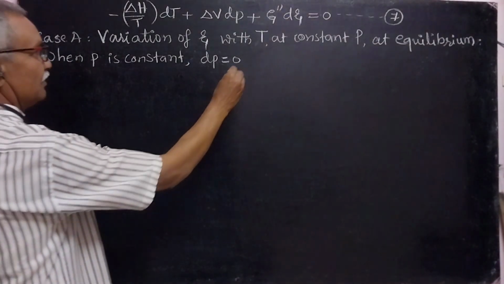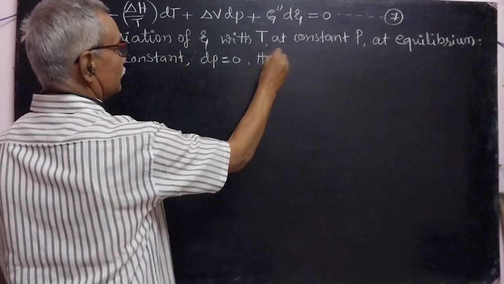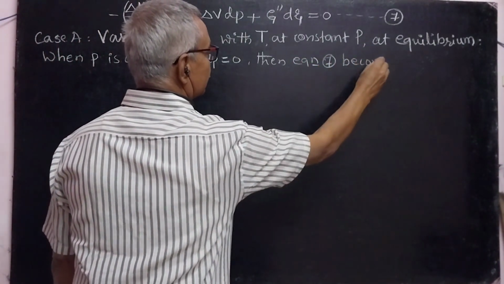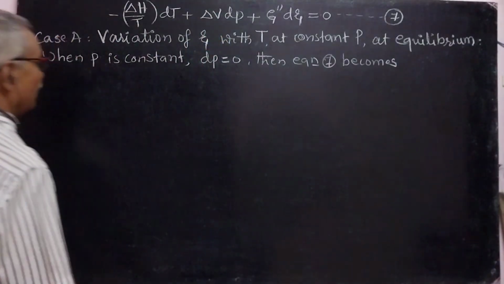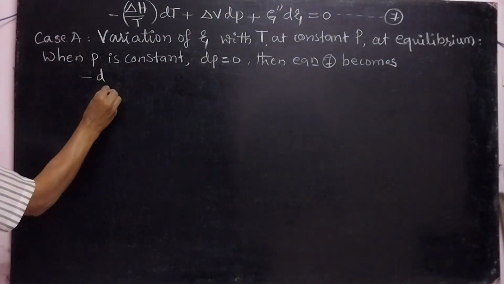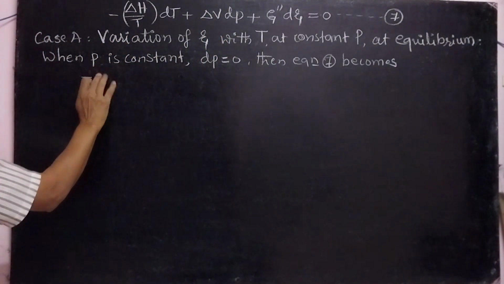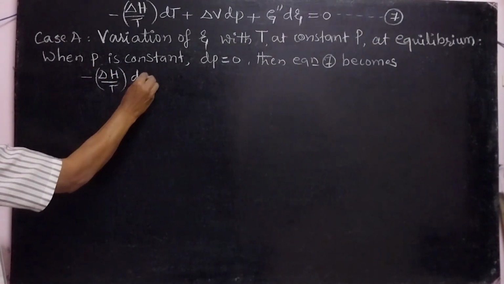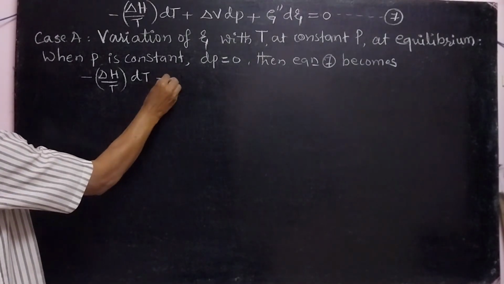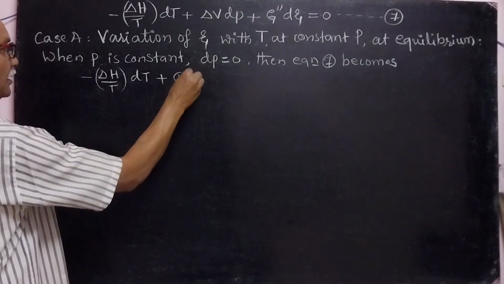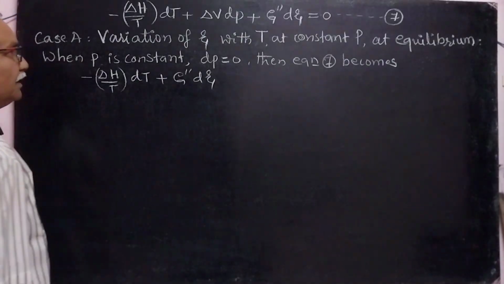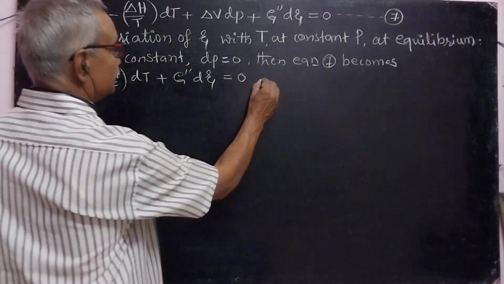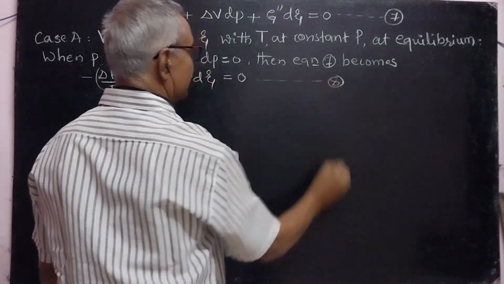Then equation 7 becomes −(ΔH/T) dT plus G double dash dξ equals 0. So this is equation 8.